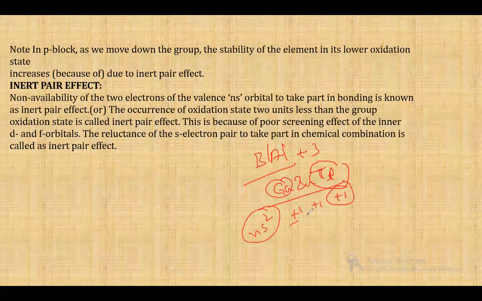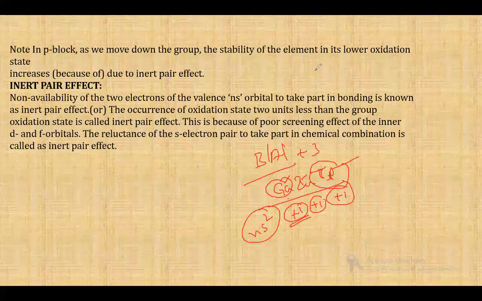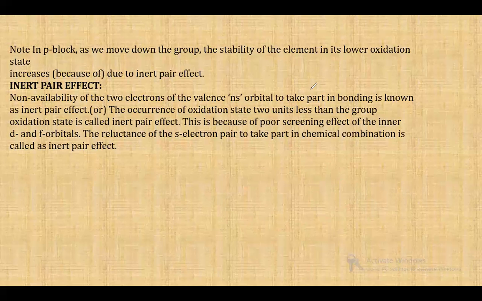Due to that, only the outer p1 electron is involved in chemical reaction. This is more predominant down the group. Gallium shows mostly +3 and also +1. In indium, +1 is more, and thallium shows +1 maximum. So you know the inert pair effect, which we already discussed in the earlier class.